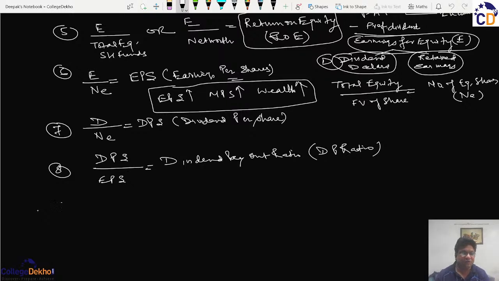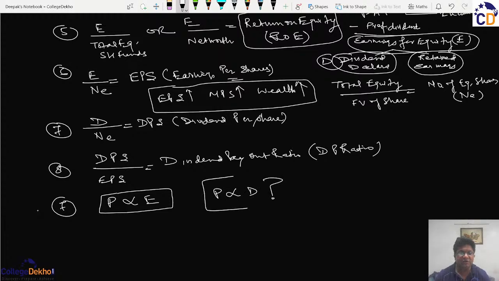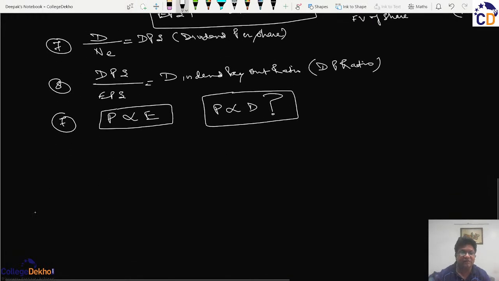So if we move further, we always relate the price of the share with the earning of the share. And we presume that high EPS will always cause a high price of the share, and this price may or may not be directly proportional to the dividend, because some say it will and some say it will not. Therefore, there is always a ratio of price to earning.